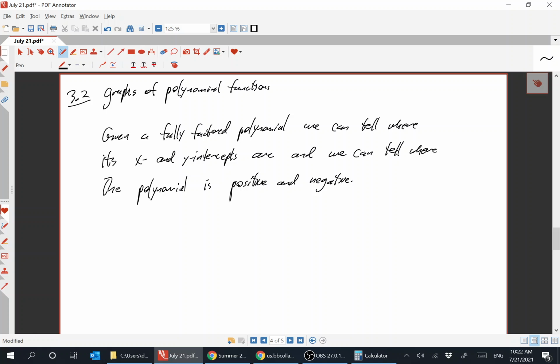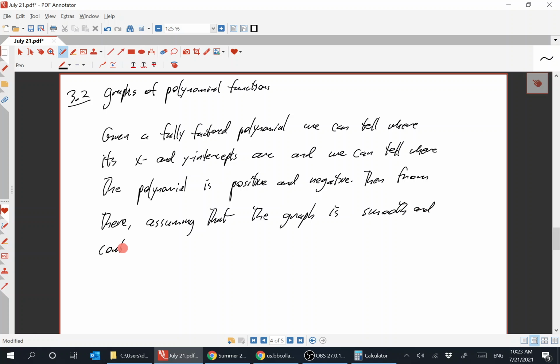So, given a fully factored polynomial, we can find these things out, and then from there, assuming that the graph is smooth and continuous, we can get some idea of what it looks like.